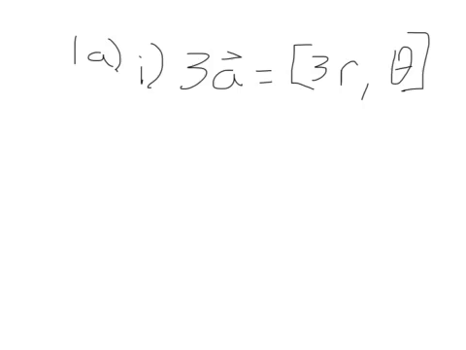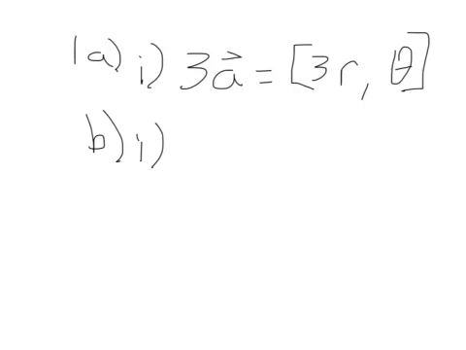From our work yesterday, take a look at 1b, part 1. Vector b has the coordinates of 4, negative 3.